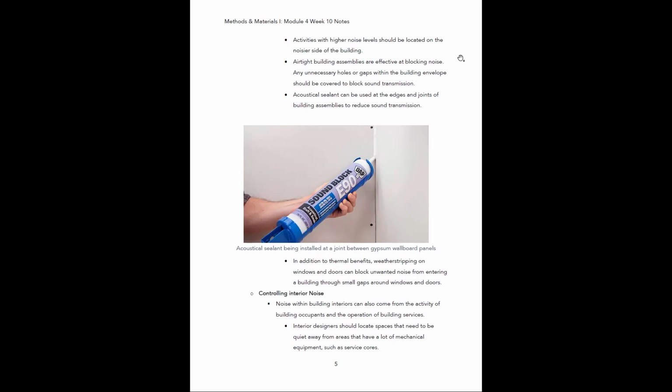Activities with higher noise levels should be located on the noisier side of the building. So that's pretty self-explanatory, pretty obvious. Let's say you have a recreational space, maybe a gymnasium. There's going to be a lot of noise in there.